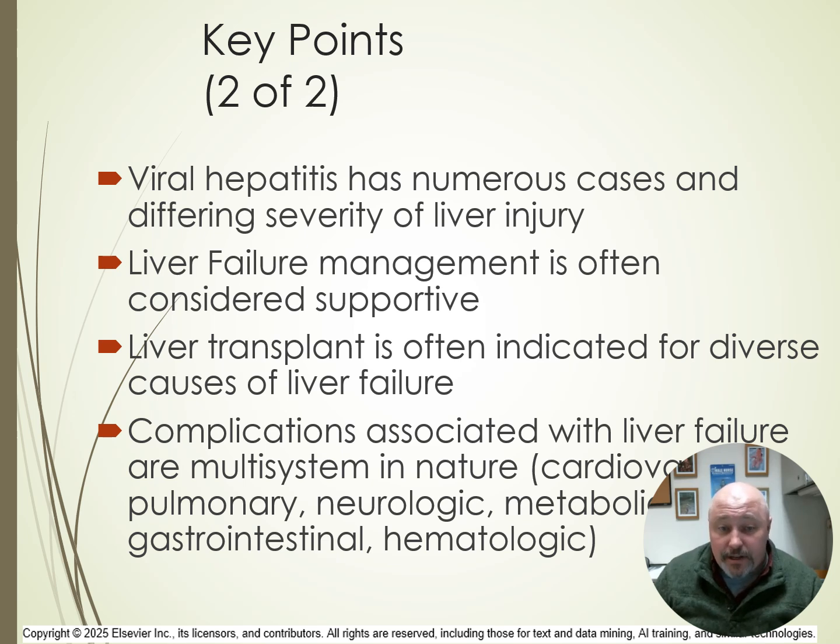Liver failure management is often considered supportive, and liver transplant is often indicated for diverse causes of liver failure and is the only true, real cure and correction. The complications with liver failure can be widespread and multi-system: cardiovascular to pulmonary to neurologic to GI to hematologic.